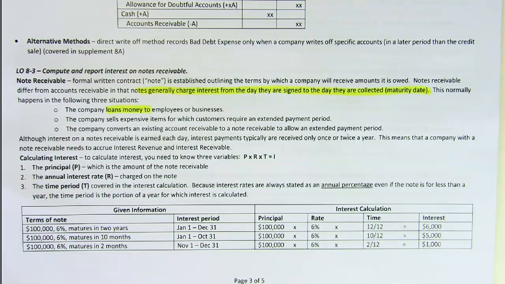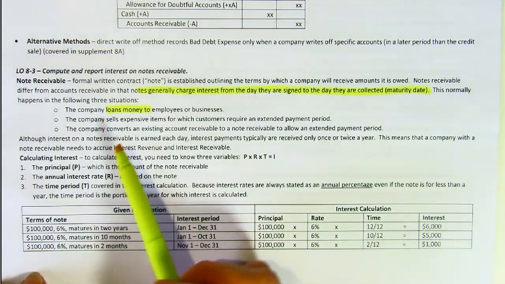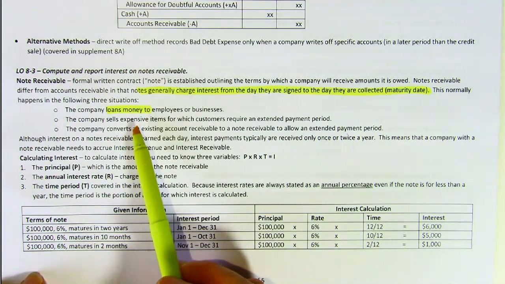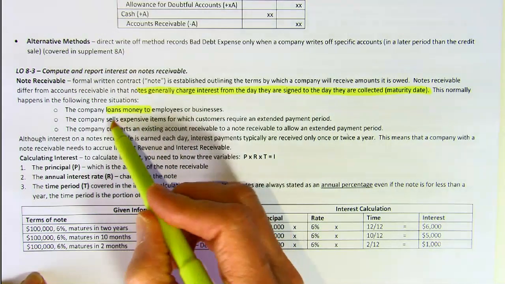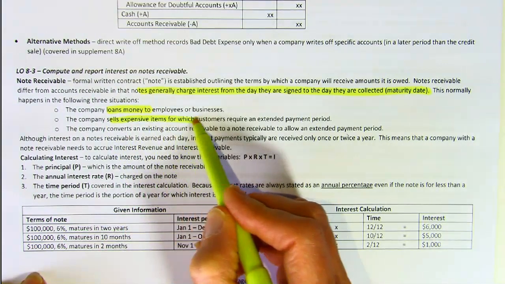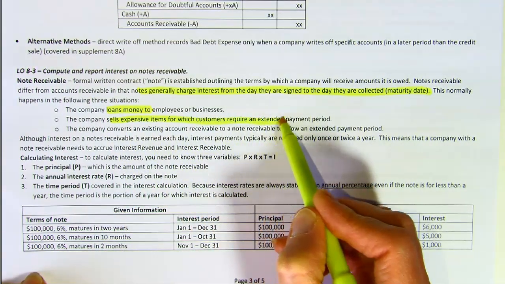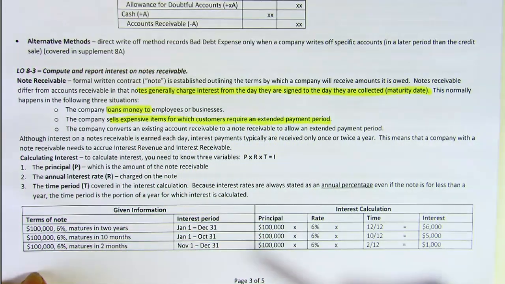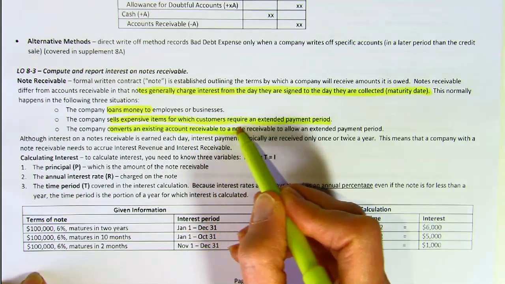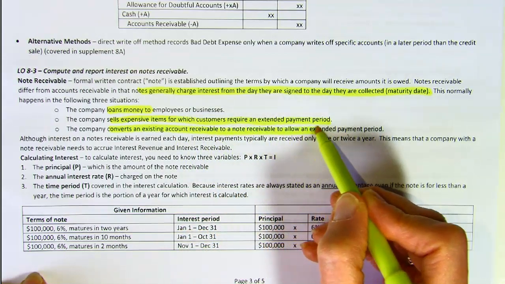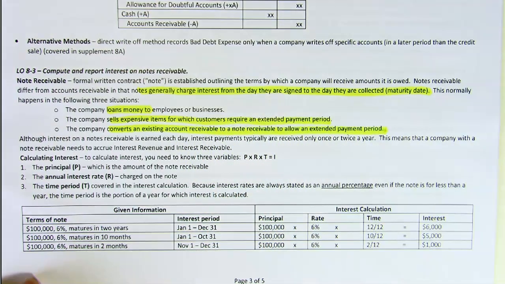Now notes are usually used in one of three situations. The company loans money. It could be to an employee or another business. The company sells expensive items for which customers require an extended payment period. Or the company is converting an existing accounts receivable into a notes receivable to allow an extended payment period.